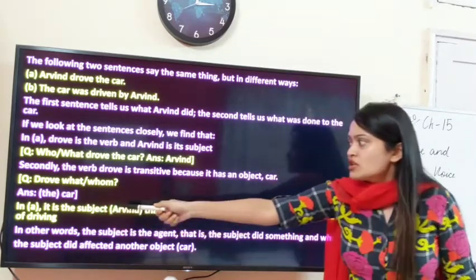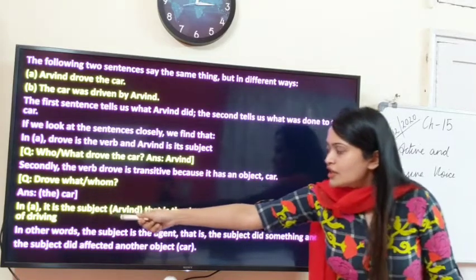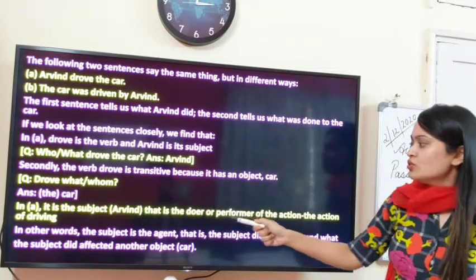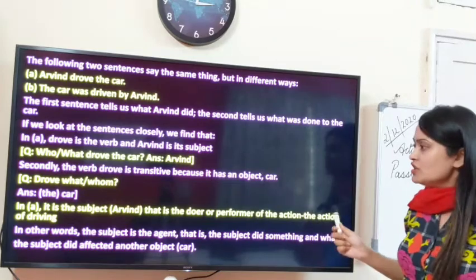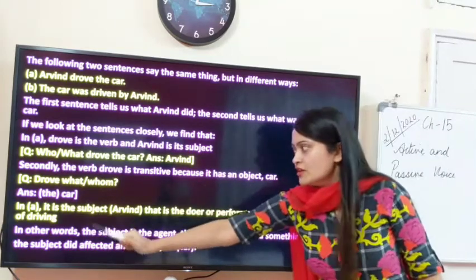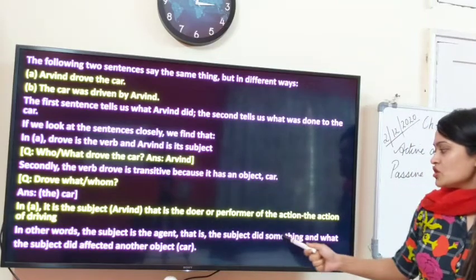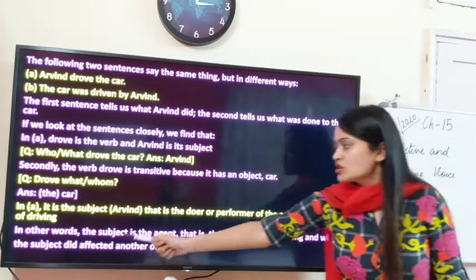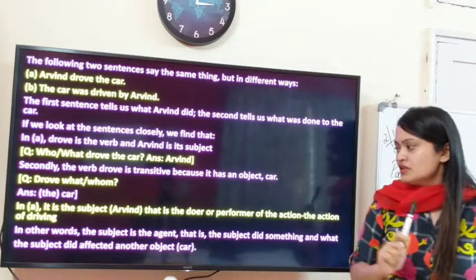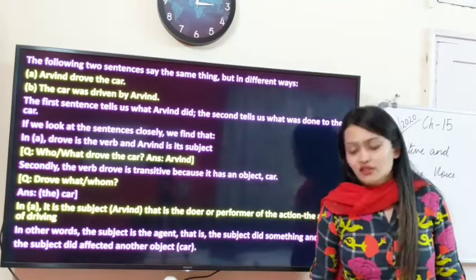It is the subject in A. It is the subject Arvind, that is the doer or performer of the action of driving. In other words, the subject is the agent. That is, the subject did something and what the subject did affected another person, another object, that is the car.